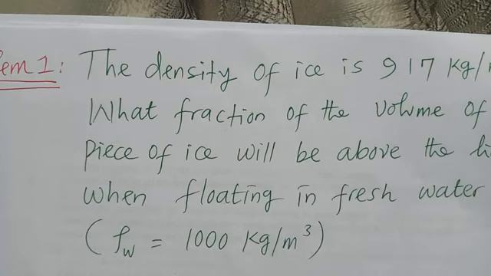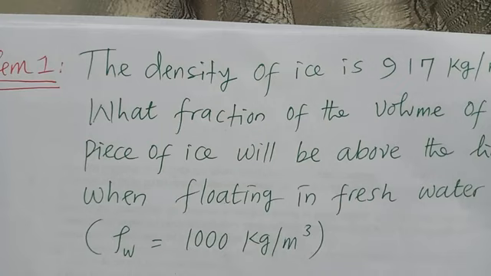In general, if I have a liquid and I bring an object whose density is less than the density of the liquid, then this object can float in the liquid. So because the density of ice is less than the density of water, when you bring ice and water, the ice will not sink, it will be on top of the water.